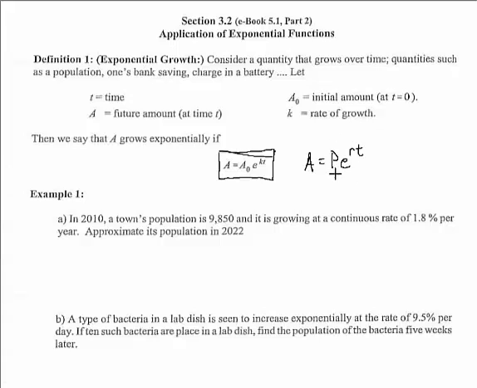So instead of P we have A naught, and instead of R for rate we have K. Basically the same function. So we're going to be fitting this to various situations: population, bank savings, charging a battery.